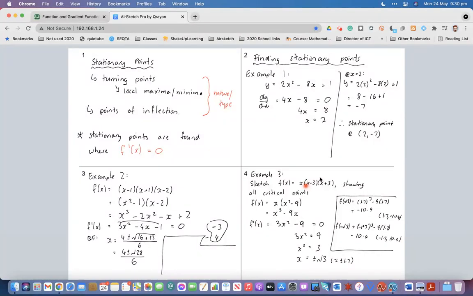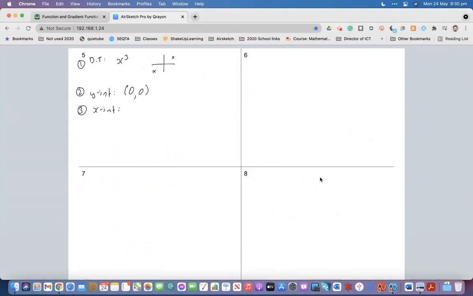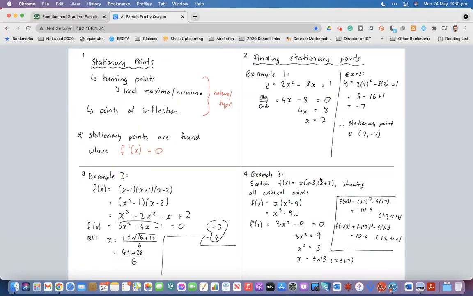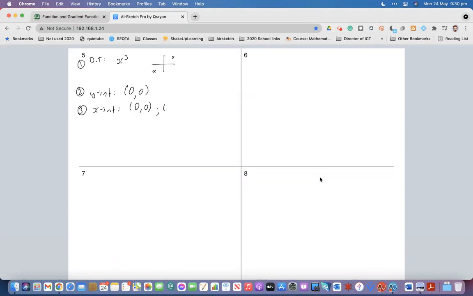And so we have x equals 0, x equals 3, x equals minus 3. So we've got 0, 0, we've got 3, 0, and we've got negative 3, 0. So there are the x-intercepts, and our turning points are over the page, stationary points.